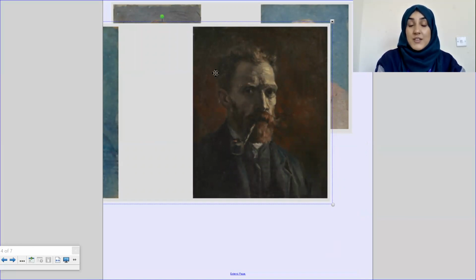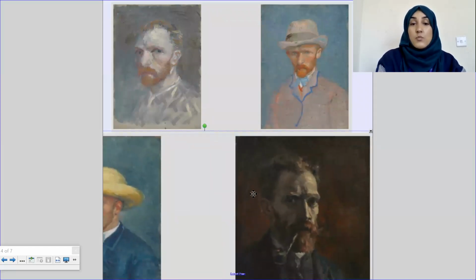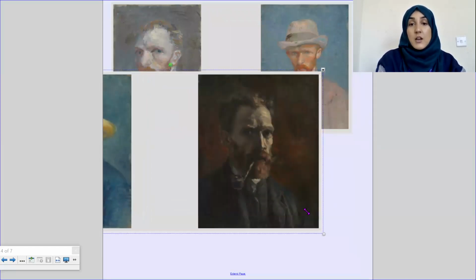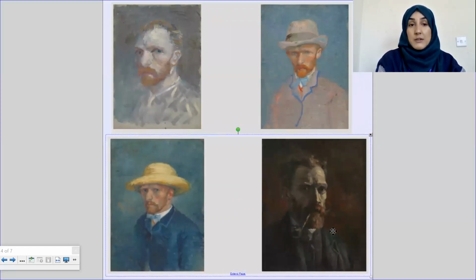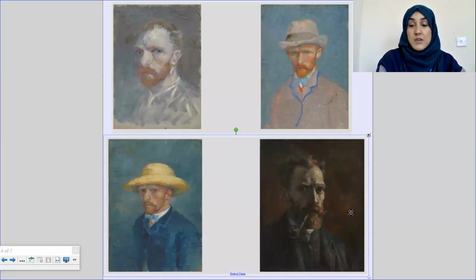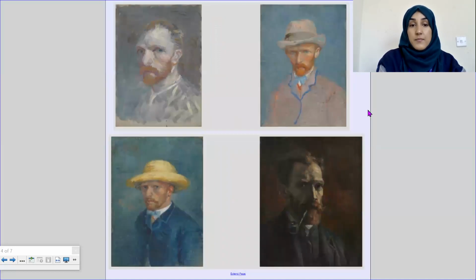Okie dokie, what you notice in this portrait is maybe this was later on in his life. So maybe he was mid-30s, maybe towards the end of his life. He looks quite mature there. Now, one thing that I didn't mention is focus on his facial expressions. In each portrait that we have seen, if I just go back, does he look happy or does he look sad?